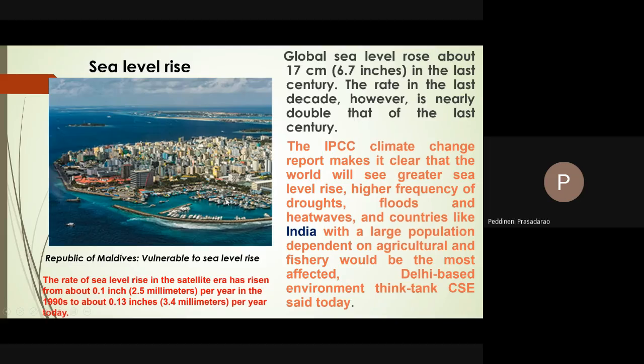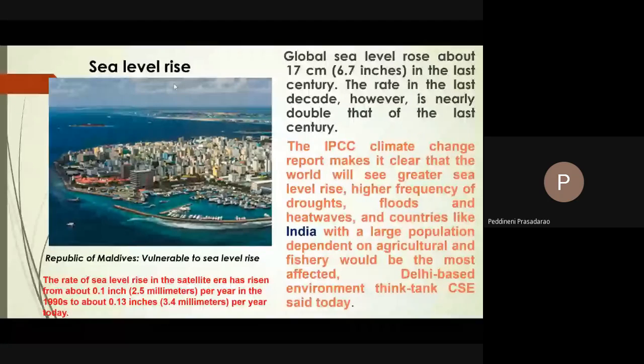And let us see some of the evidences that we normally see. Sea level rise. This is the first thing that we normally see. Sea level rise is taking place because of global warming, the slow and steady increase of global temperature.